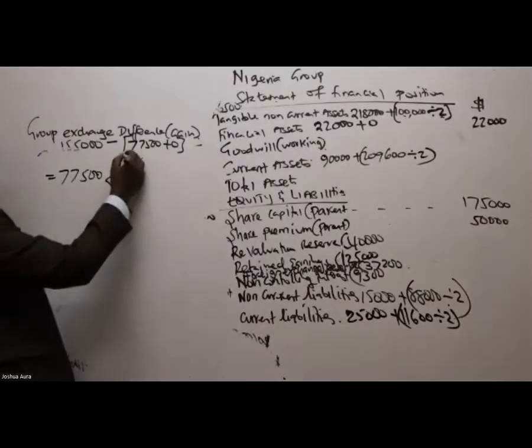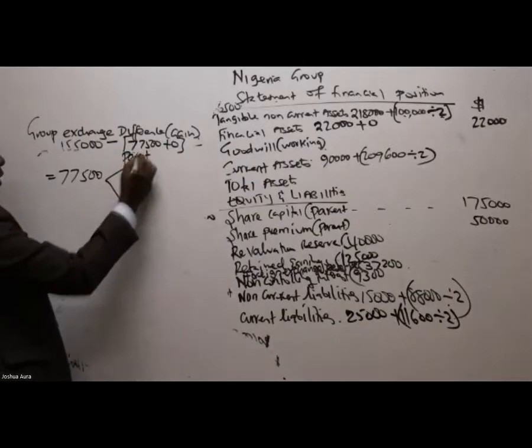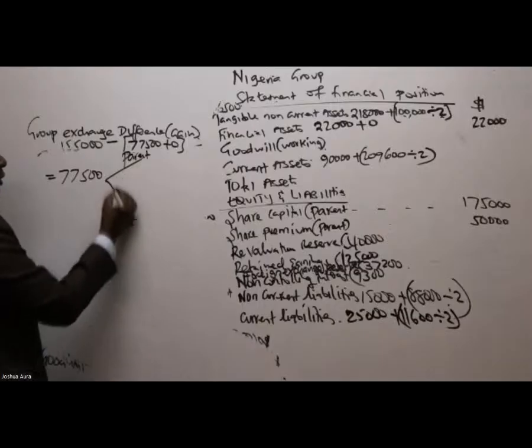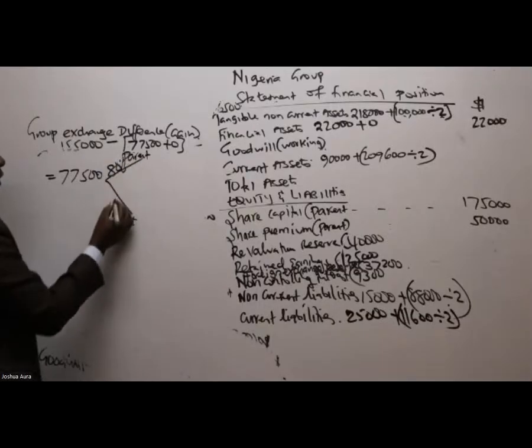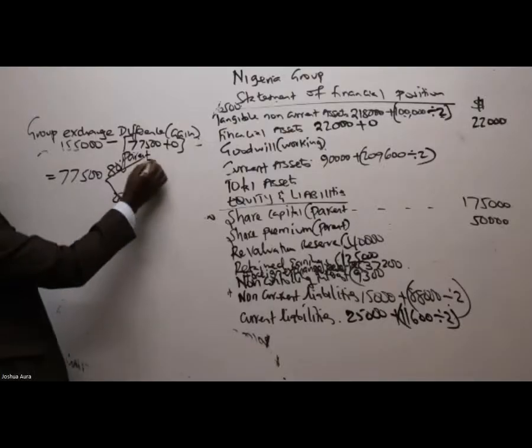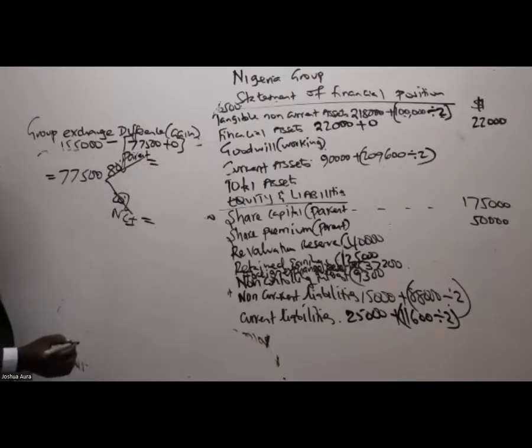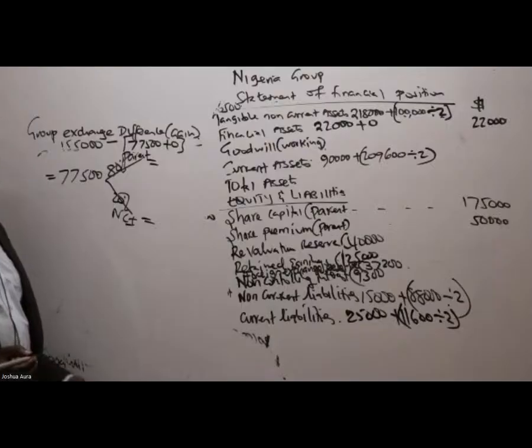Share it out, the parent vis-a-vis the NCI. Remember, this is 80%, and this is what we call 20%. 80% and 20%. Please give me the figures.